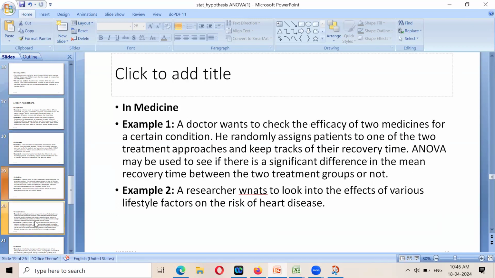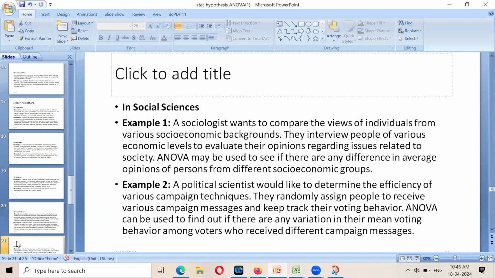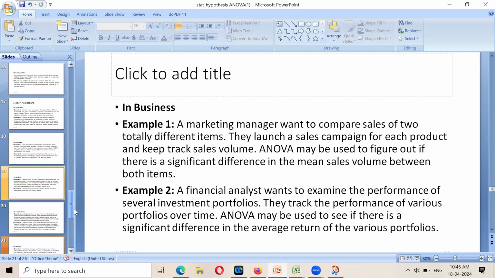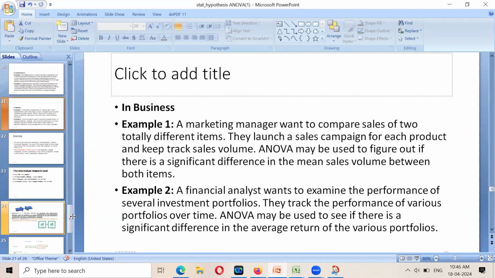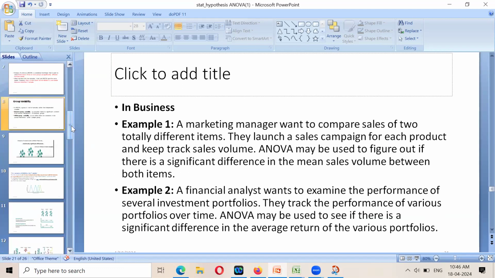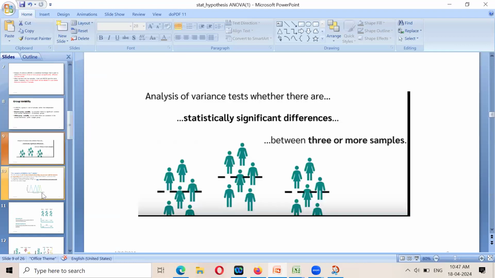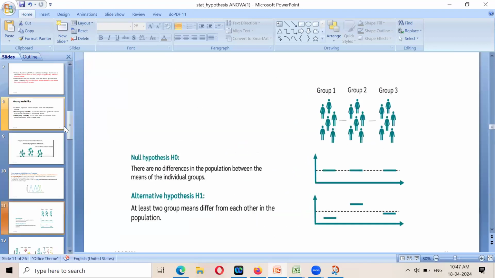Before going directly to the applications, we will take some examples now. Okay, group variability is clear to you?